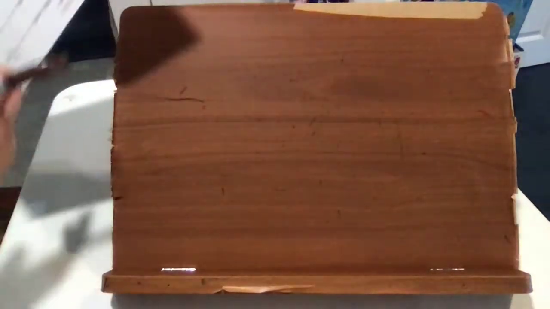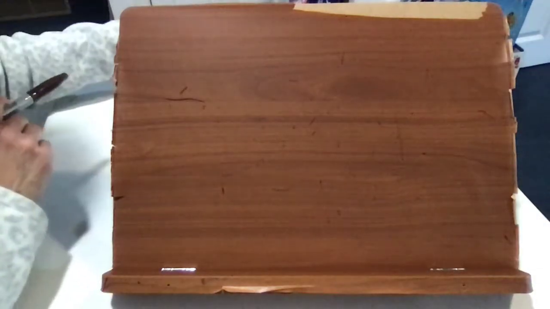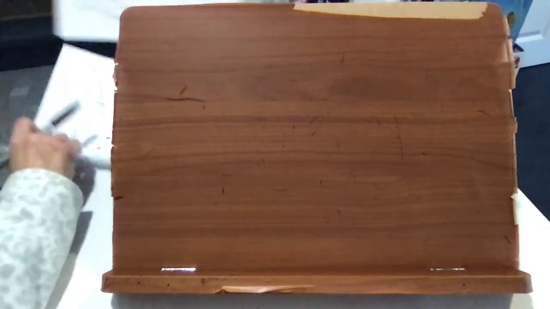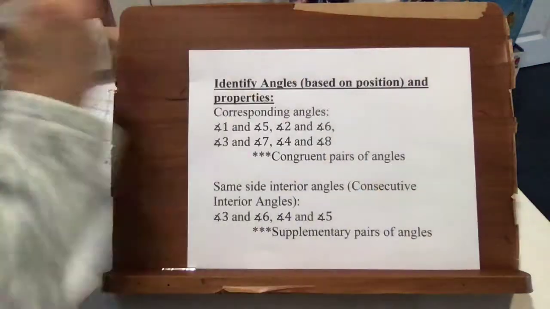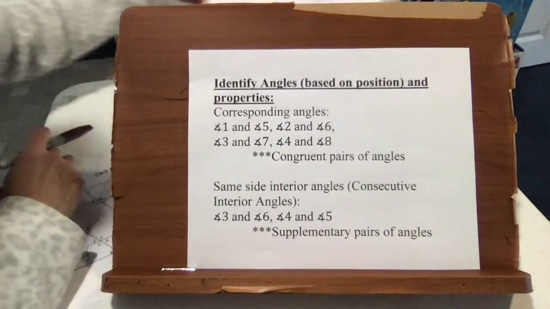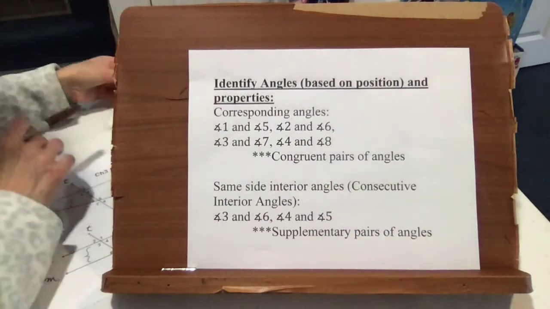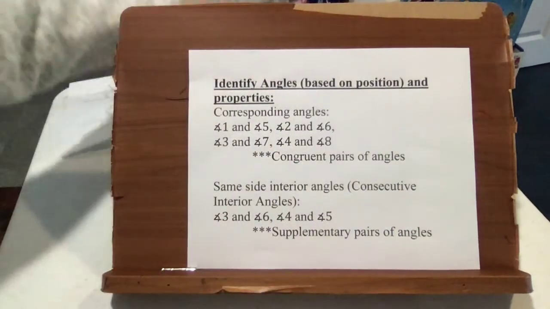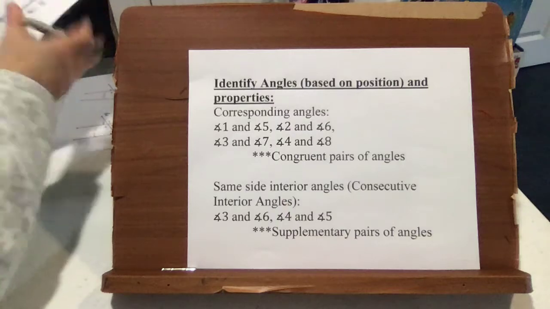Now there is a unique relationship between parallel lines and the corresponding angles, okay? And the same side interior or consecutive interior, and the alternate interior angles and the alternate exterior angles. Right, so I'm going to use this, okay?